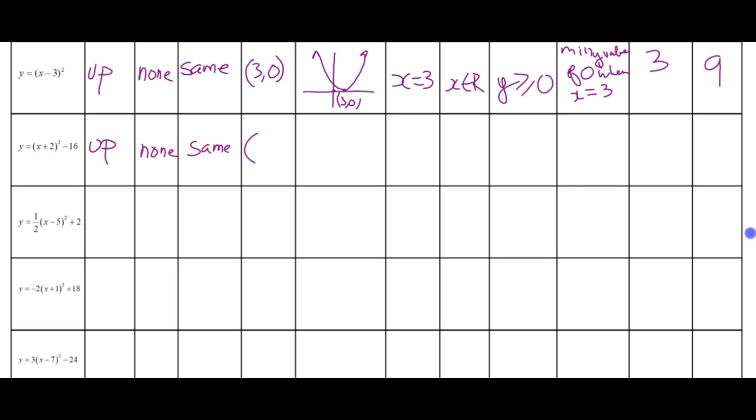Vertex? Okay, so negative 2, negative 16. So 2 to the left, down 16. So what's it look like? Negative 2, negative 16.